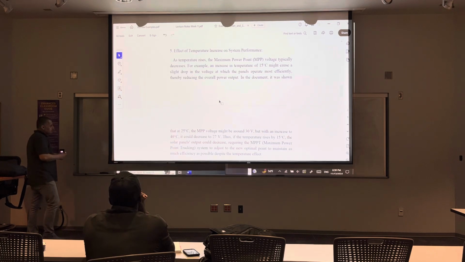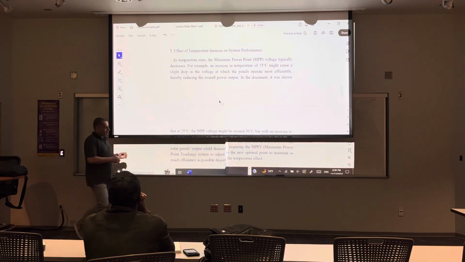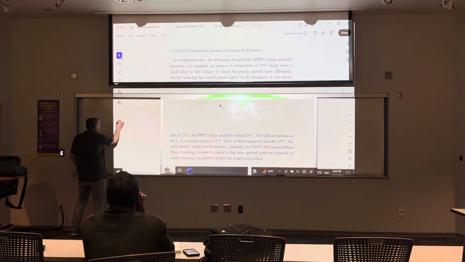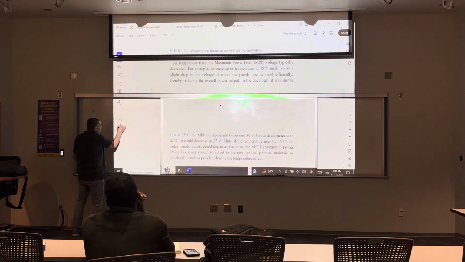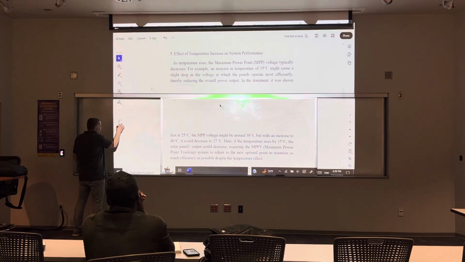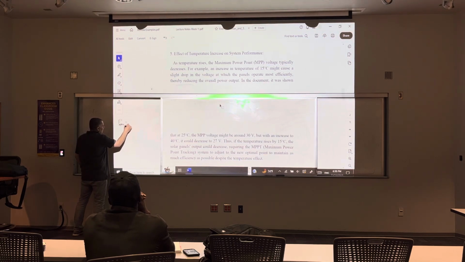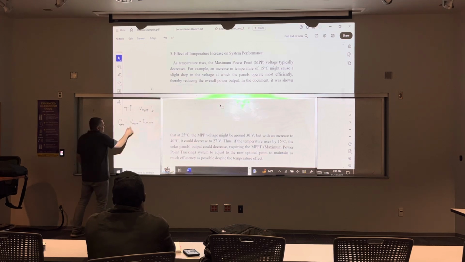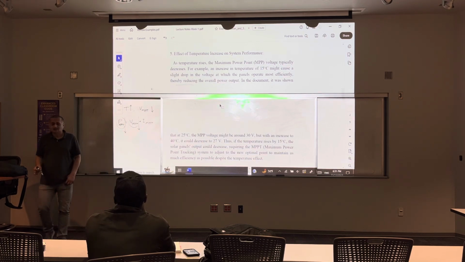P max, PMPPT equals V at MPPT times I MPPT. The temperature increased, so V MPPT will decrease. This decreased, so the power decreases.